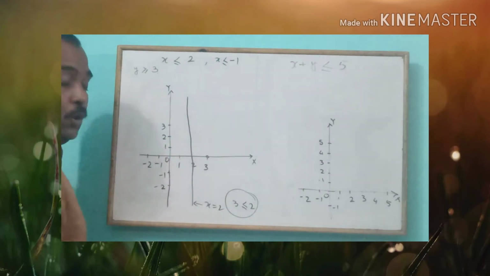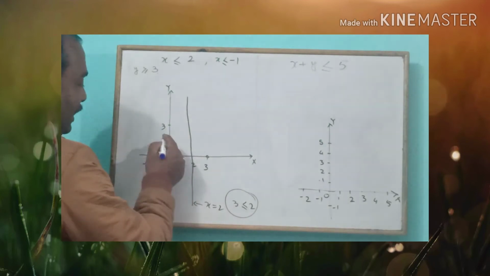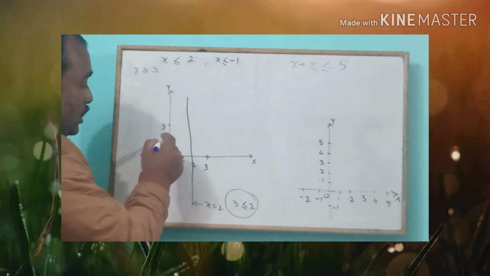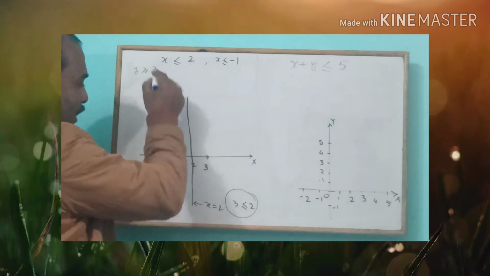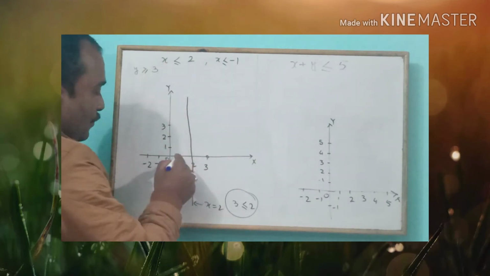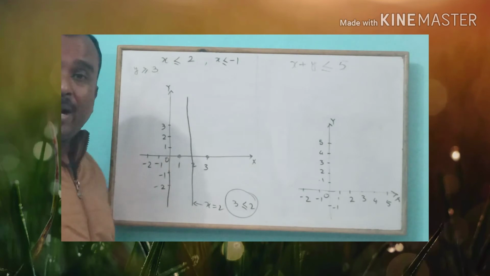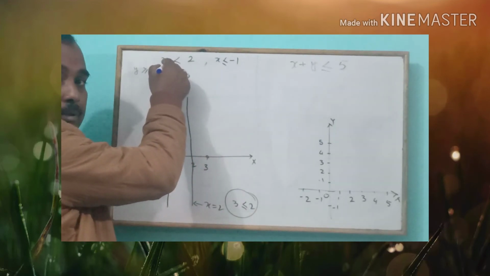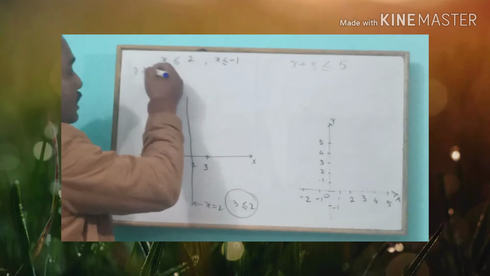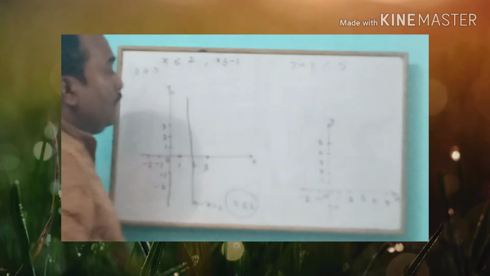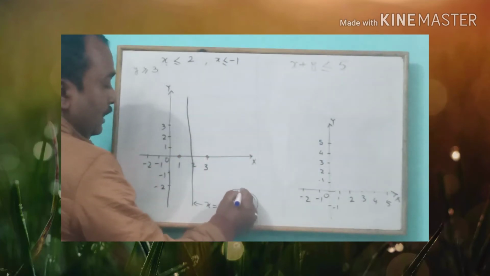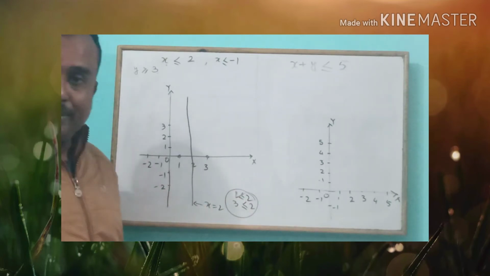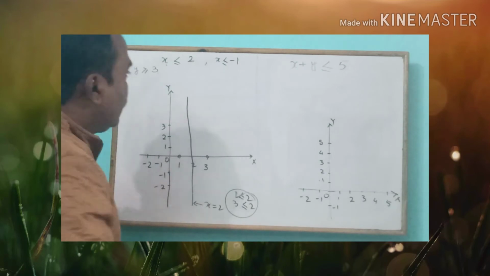Let us take the point 1, 0. We cannot take 0, 2 because there is no y. Anyway, if we take the point 1, 0, then we put 1 in place of x. There is no y, so there is no case of putting the value of y. So we get 1 less than or equal to 2. This is a true statement.